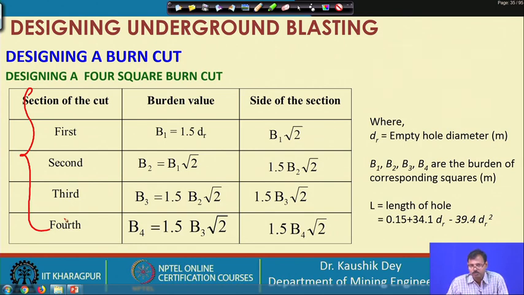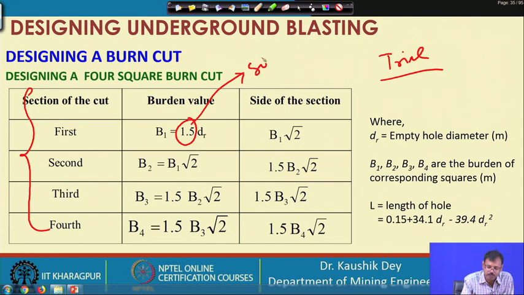However, one must remember that this design criteria is basically for the trial blast design, and you must consider this a site specific constant. This is a site specific constant which may be changed depending on the rock mass condition.